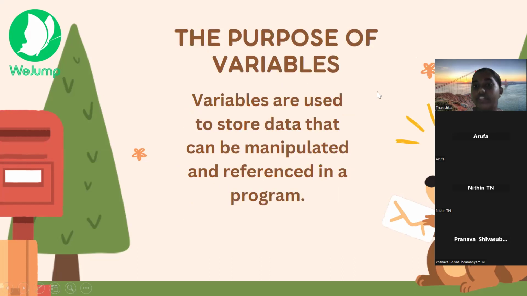the purpose of variables. So we know what a variable actually does. So why is it used in Python then? Variables are used to store data that can be manipulated and referenced in a program. So it is used to store data, the values, because you can use those values in a program.